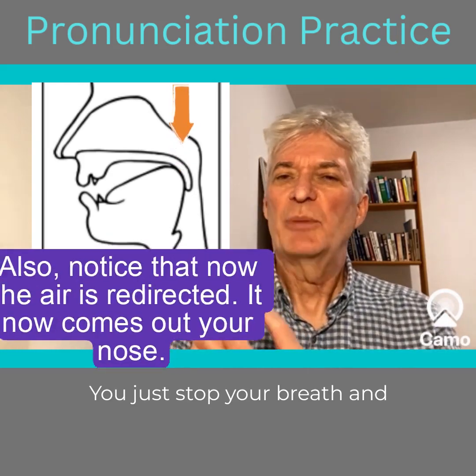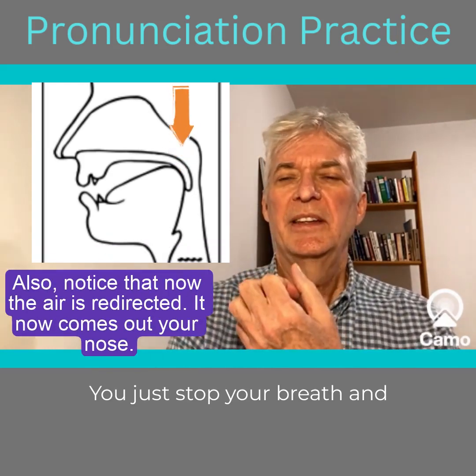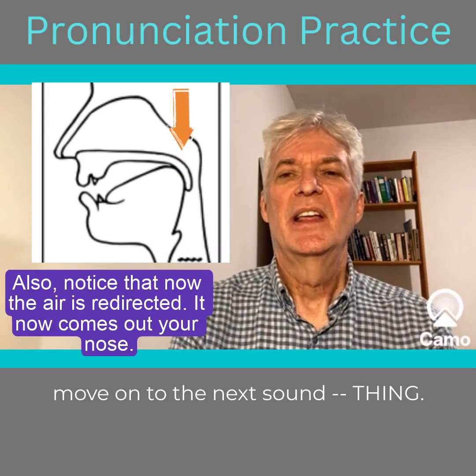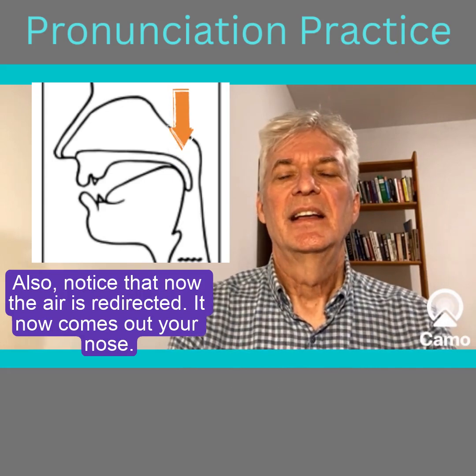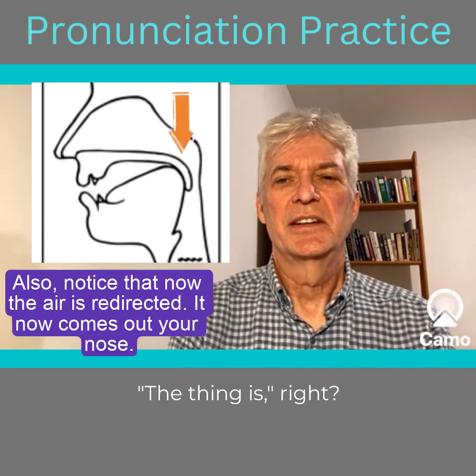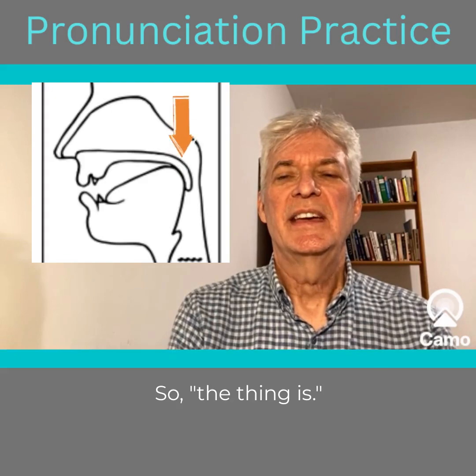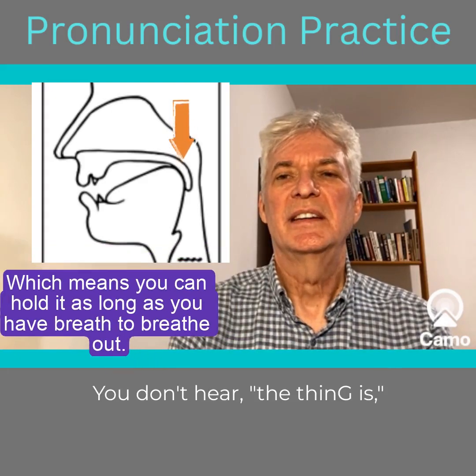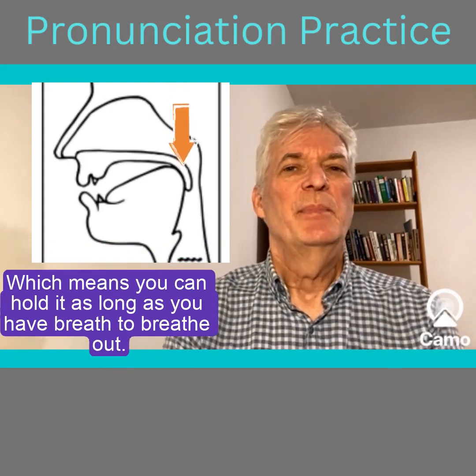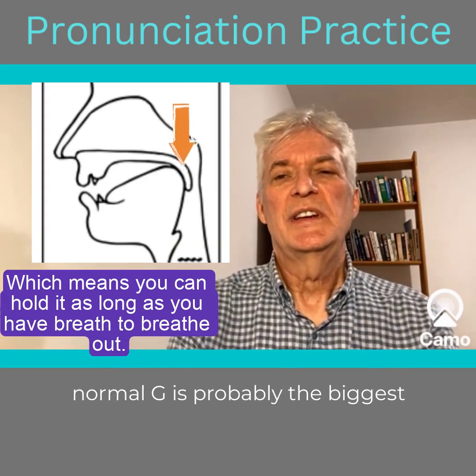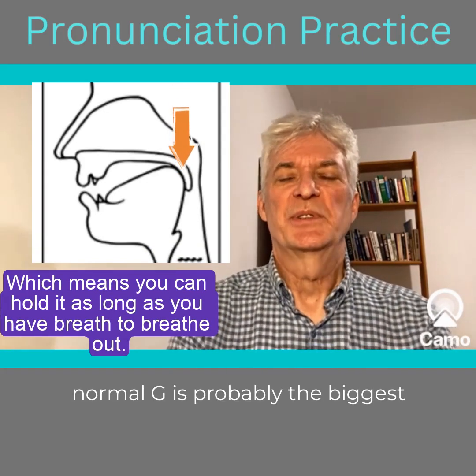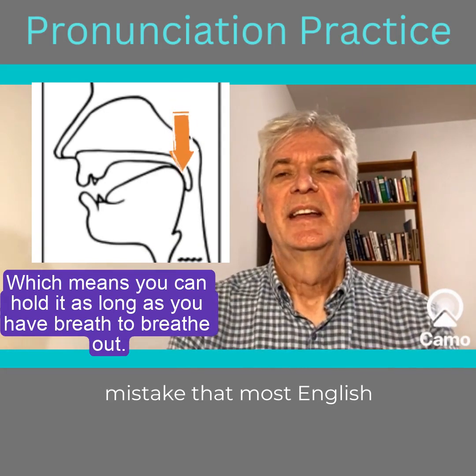You just stop your breath and move on to the next sound. Thing. You don't hear the G. Making that G sound like a normal G is probably the most common mistake that most English learners make.